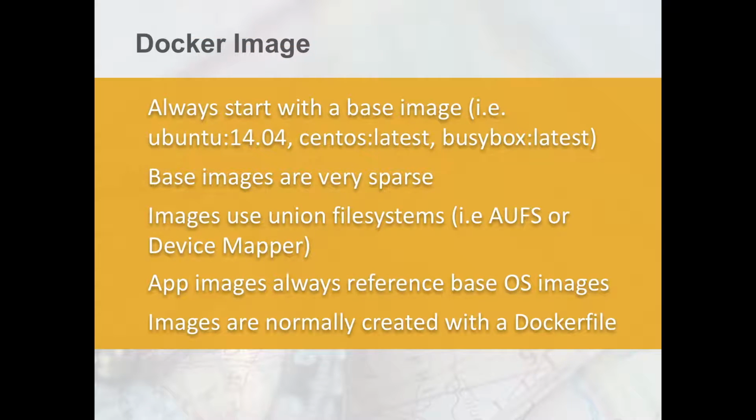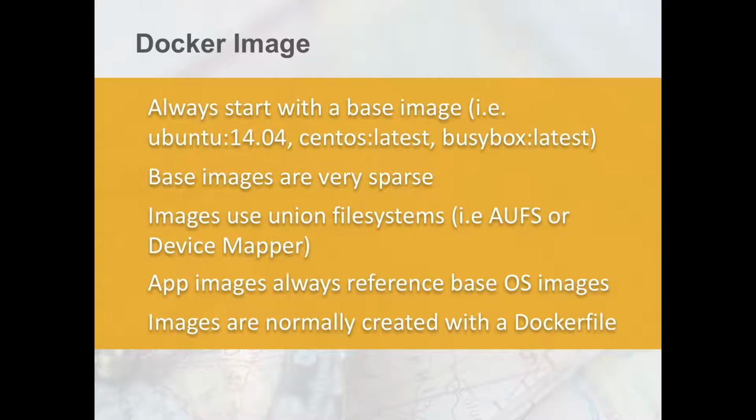So we always start with a base image, and this could be anything from Ubuntu or a CentOS latest version, or even an application like MySQL. If it's a pre-built image, we use that as our base image for our application. Now these images are typically very sparse. As I mentioned before, we only need the core system and libraries to launch and run our application in those underlying base images.